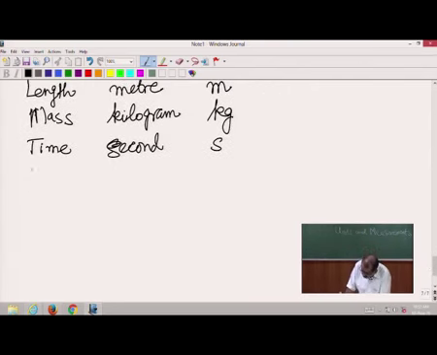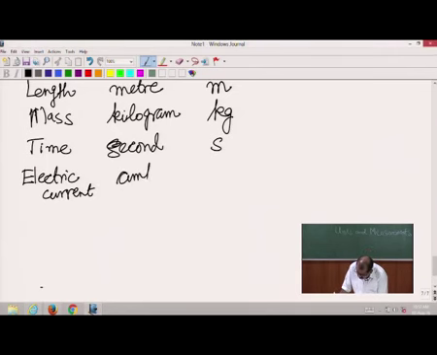Then we have the fourth quantity for which we provide the basic set of units, electric current, and the standard unit for this in the SI system is ampere, and we use the symbol A for this. Now, here of course, in the SI system we use ampere as a basic unit.